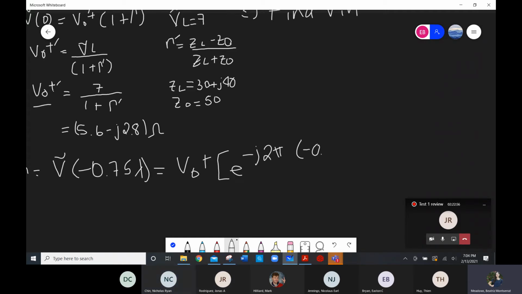Yeah, negative 0.75. Negative, very important. If you don't put the negative, you're screwed. And then plus. Oh my God, that is ugly.